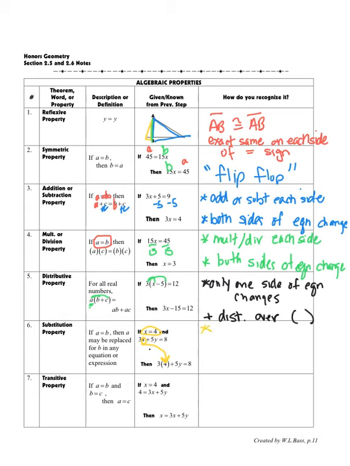So this one looks a little bit different because we must have two givens. That was our if x equals 4 and 3x plus 5y equals 8. And those two givens must combine to make a new statement.